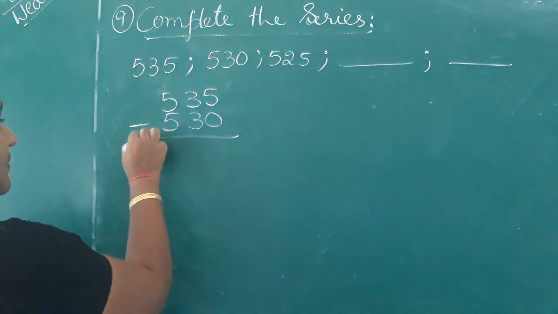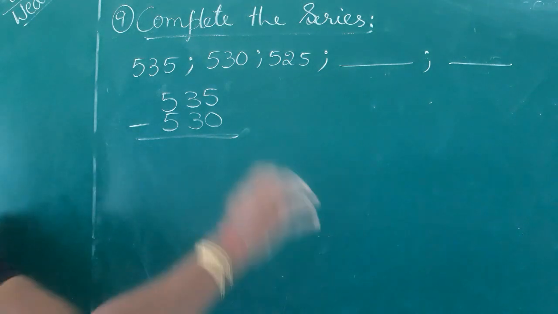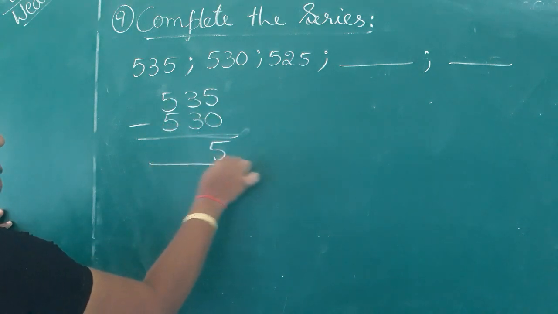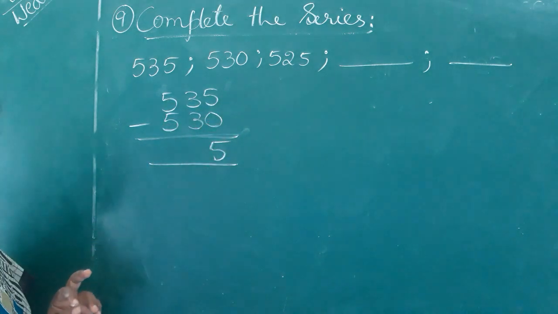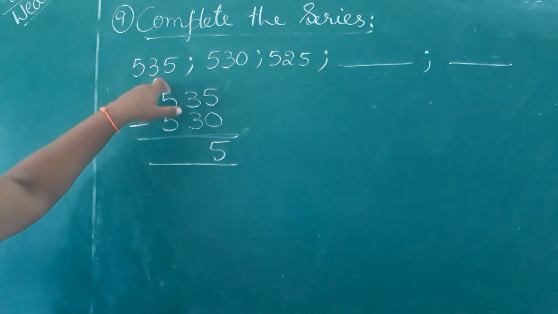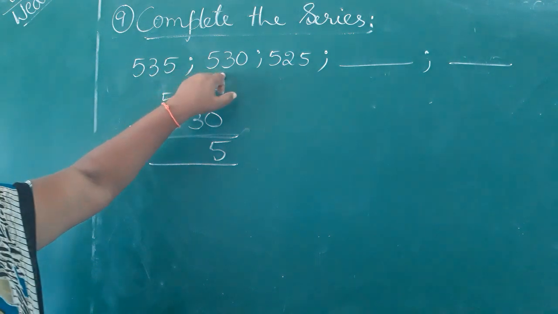What is the difference between 535 and 530? 5 minus 0, 5. 3 minus 3, 0. 5 minus 5, 0. So what is the difference between these two numbers? 5. That means if you subtract 5 from 535, you will get 530.